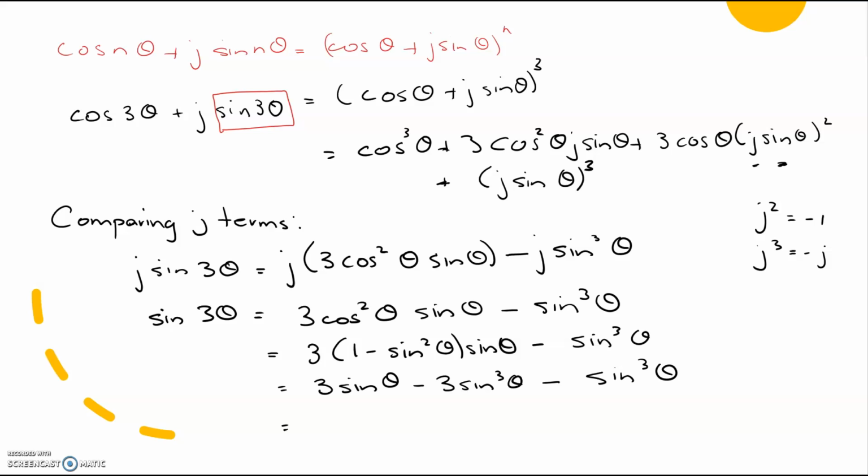Hey, we've now got the same as we had before. Like that, and we're done. So we've proved what we needed to prove. It got it exactly the same as we did before.